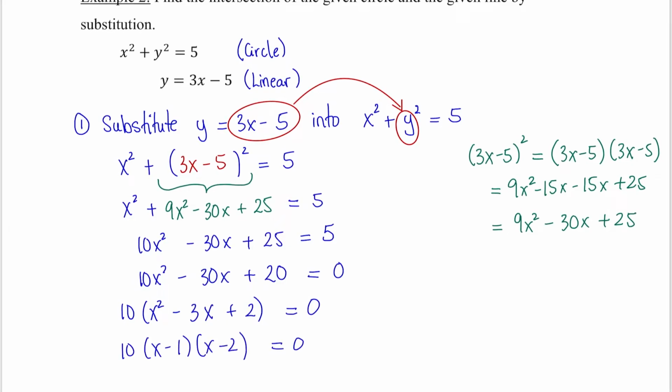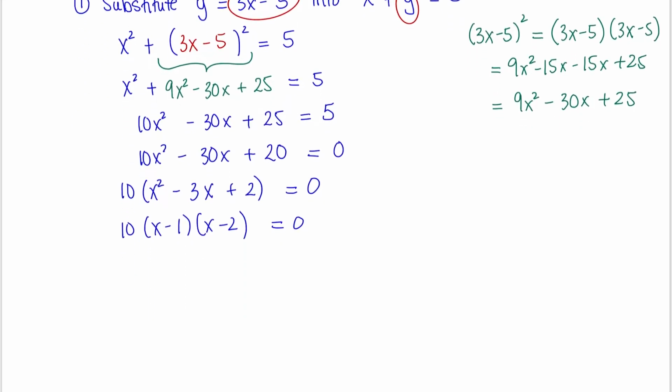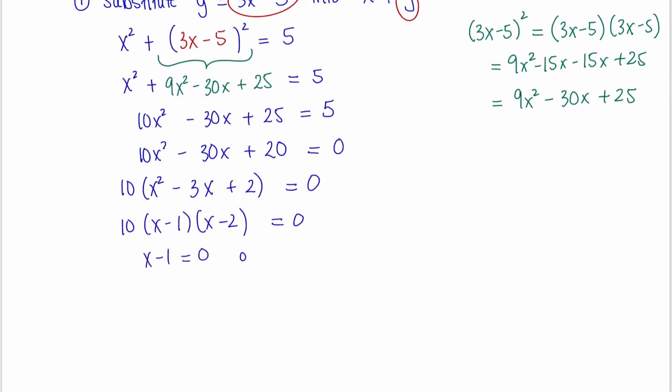So I have either x minus 1 is equal to 0 or x minus 2 is equal to 0. So I can have x is equal to 1 or x is equal to 2. So I found x. X can be 1 or x can also be 2.